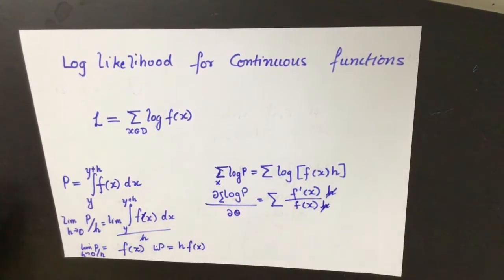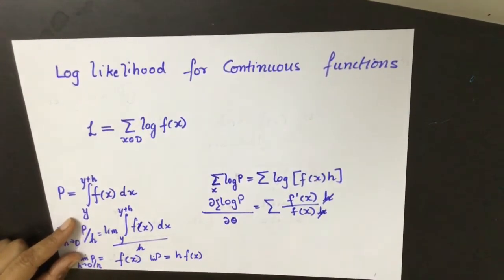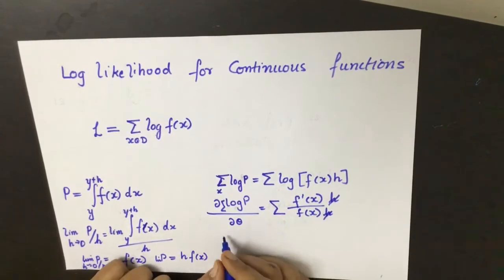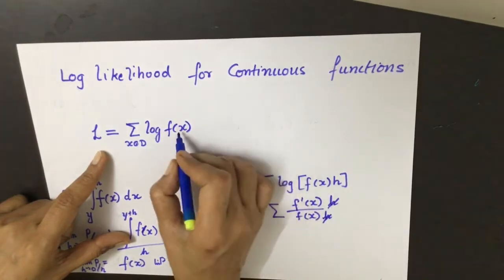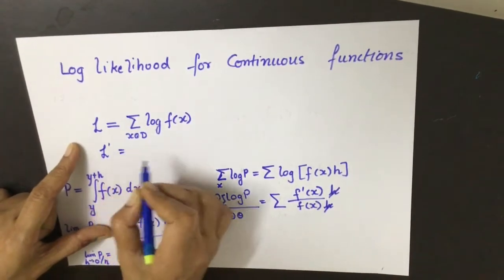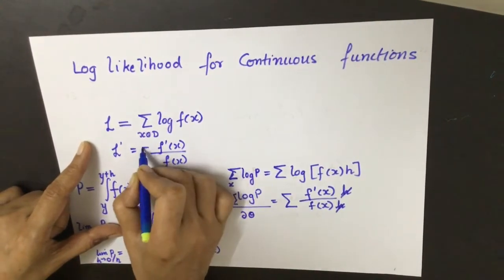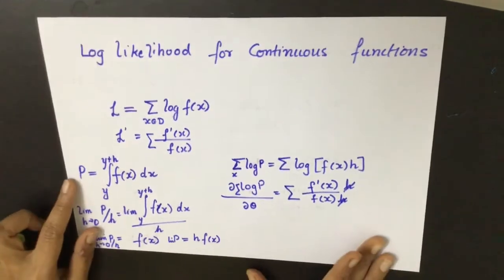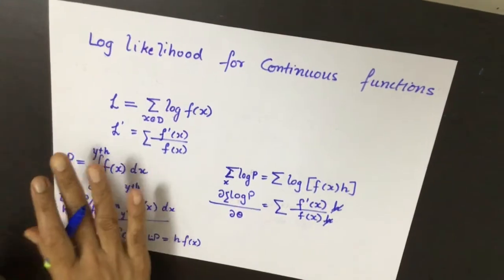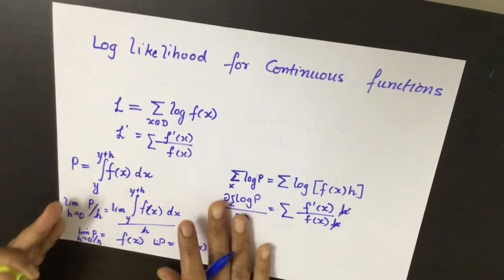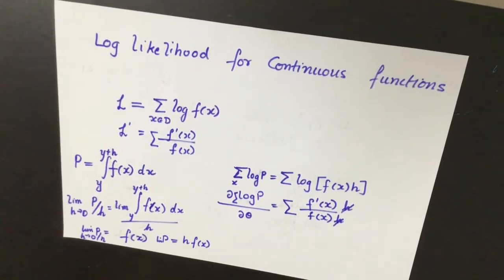So this becomes the same as the summation of the differential of f divided by f. We can easily replace this function with this new term, because the differential of L here is the same thing. This is just the intuition behind why we can use the probability density function instead of the probability itself in a likelihood function and still attain our most appropriate value of theta, our parameter.